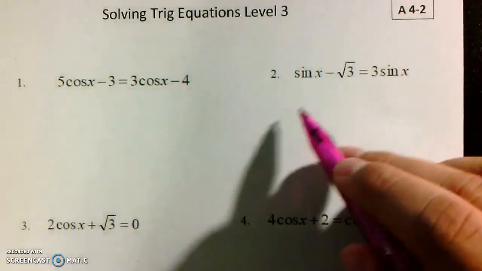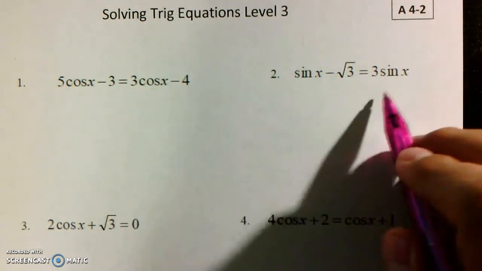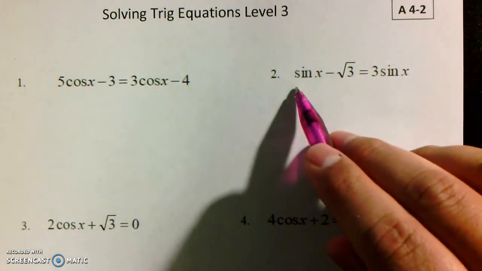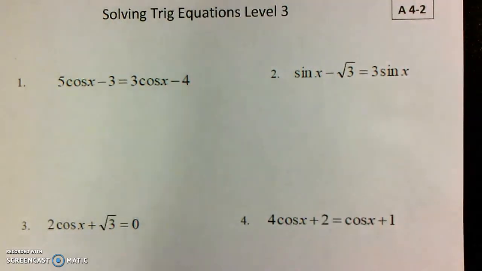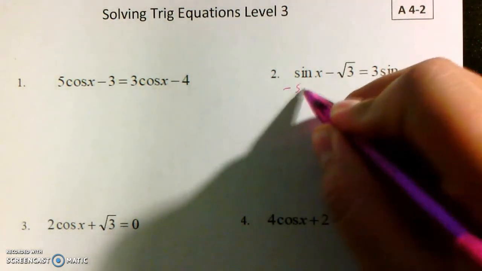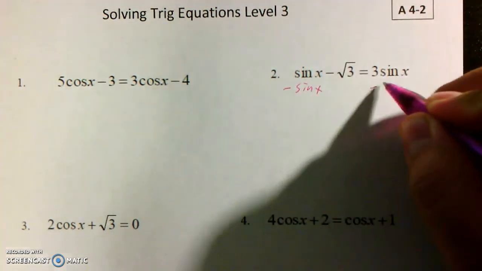So the first thing we want to do is get our signs on one side. Now for this question, I'm going to subtract this one just because I'd rather stay away from negatives if I could. So let me go ahead and do that. So minus sine x on both sides.